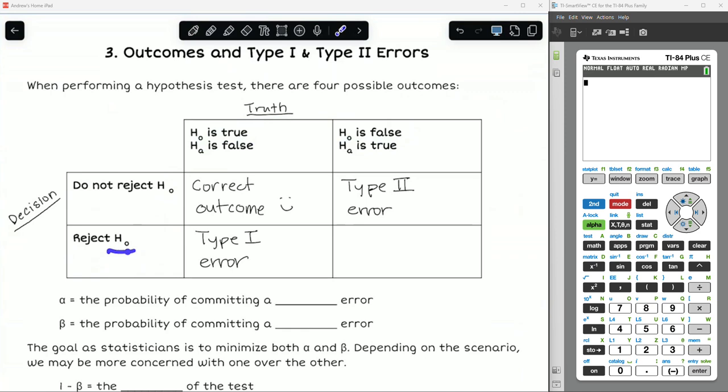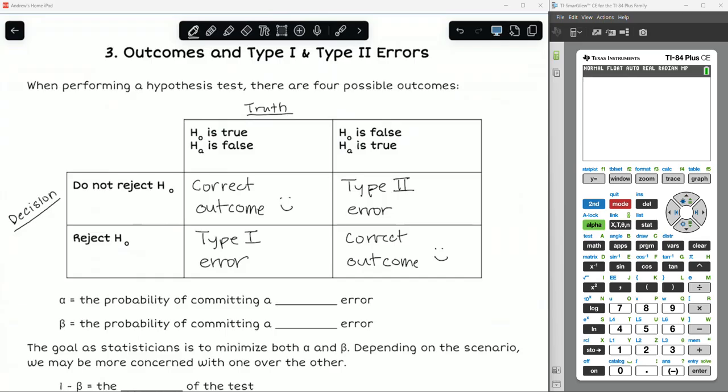If we reject the null and the null is false, meaning I should reject the null, that's another correct decision. So 2 out of our 4 outcomes are correct.